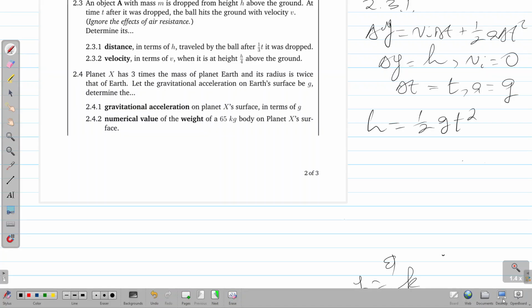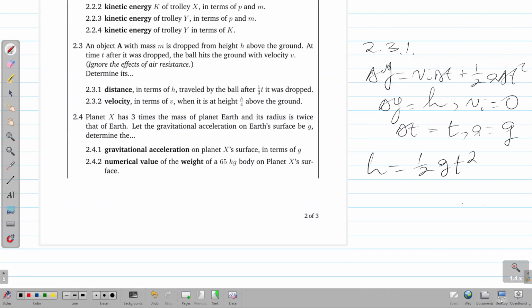So if I reduce t by a third, how will that affect my h? What we want to determine is, if h is the distance traveled by the object during this time interval, then if we reduce the time to a third, what distance is it going to travel.